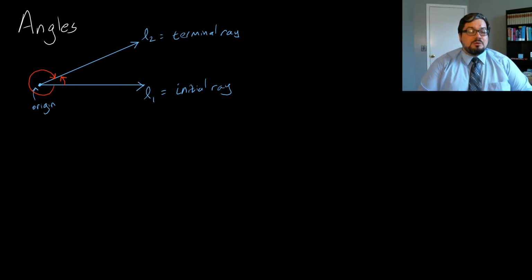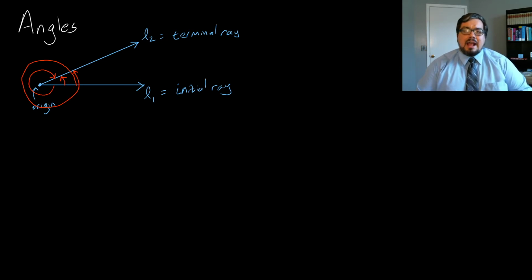Or we could rotate around more than one complete time and come back to get to the terminal ray. So for us in trigonometry, an angle is not going to be just a pair of directions, two rays that are pointing in different directions, but it's going to describe a rotation.